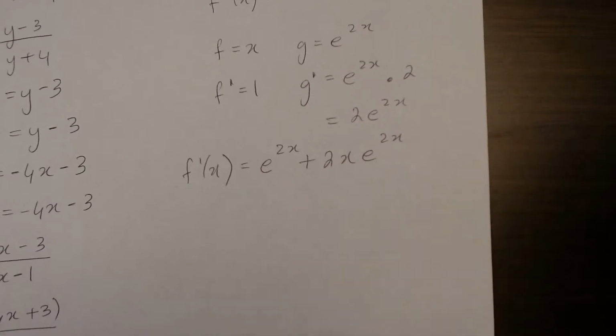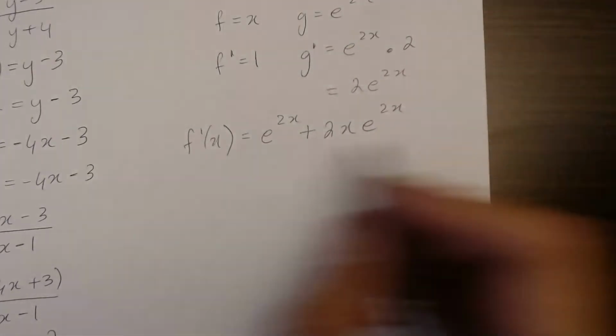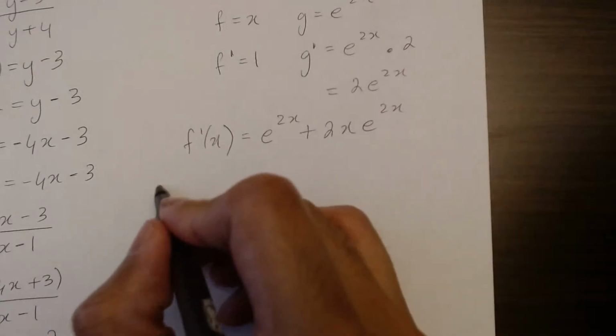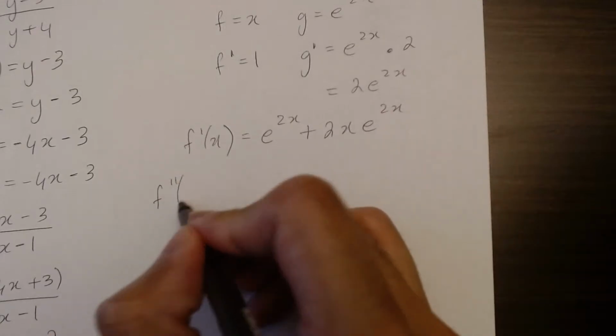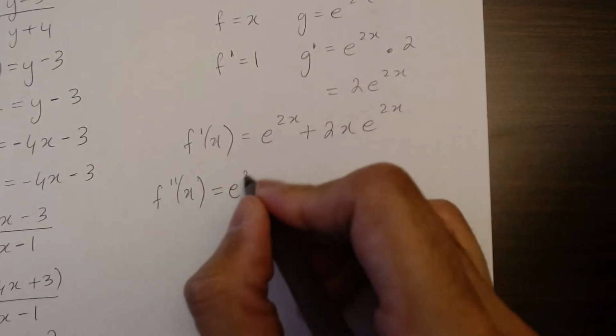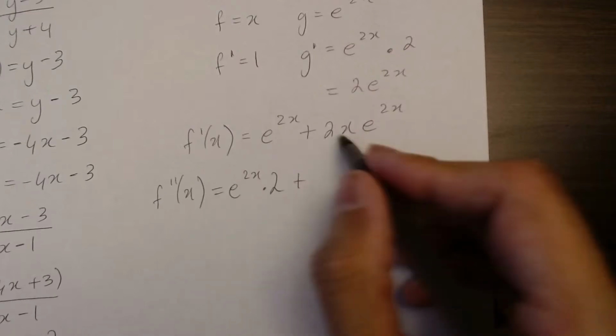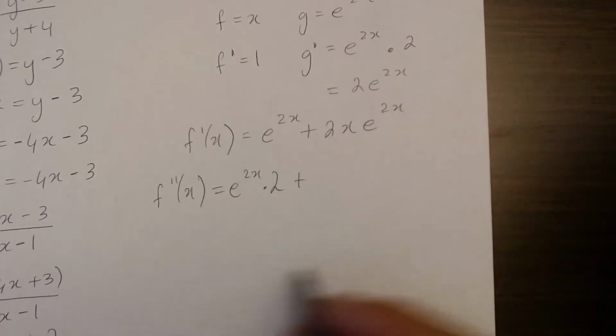Now that I have this here, I need to find my second derivative. So in order to do that, I'm going to have to derive this function first. So the derivative of this is just e to the 2x times 2. And then the derivative of this will again require product rule.